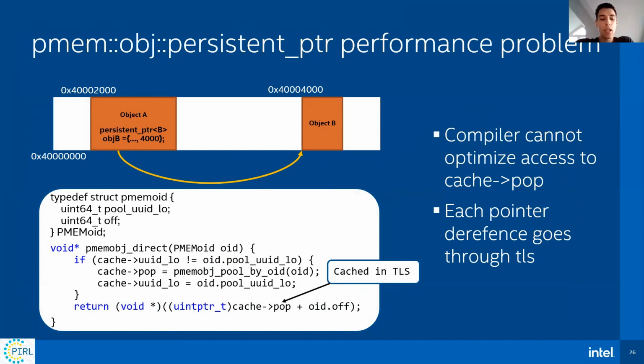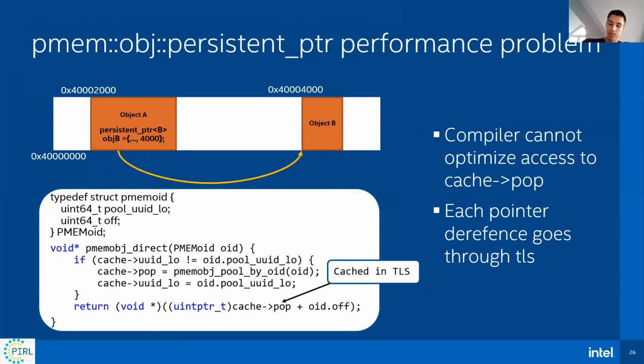Inside, you can see that we use TLS to cache the base address of a pool, which is necessary to avoid costly calls to PMOBJ pool by OID, which is a lookup in some tree-like data structure. Because we always read the TLS value, the compiler is not able to optimize access in a loop, for example. In this regard, the TLS value is actually very similar to a global value, which can change at any time, also by another thread. And so the compiler is not able to optimize this read out.